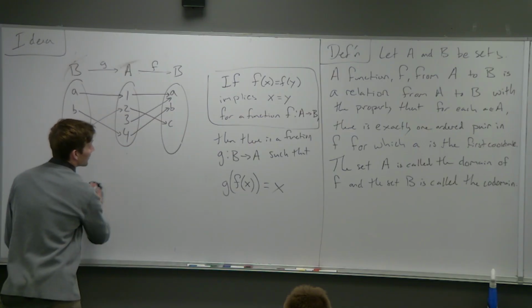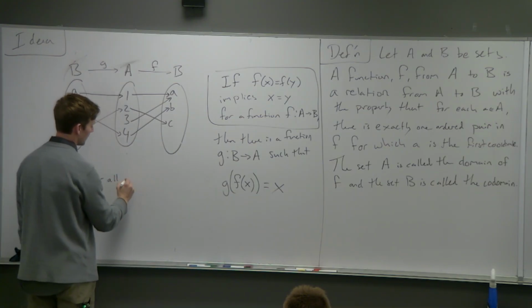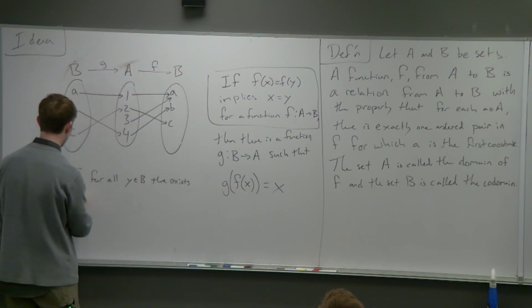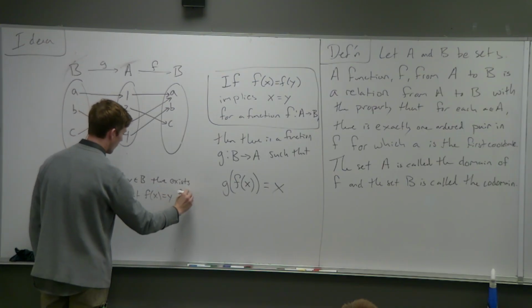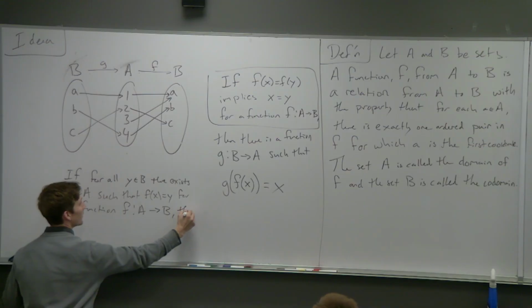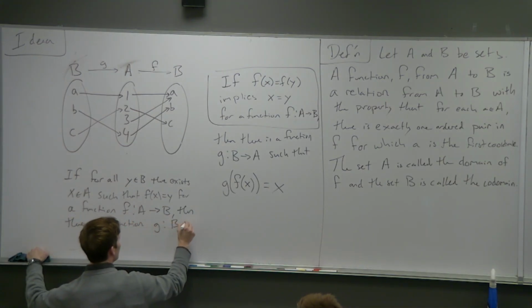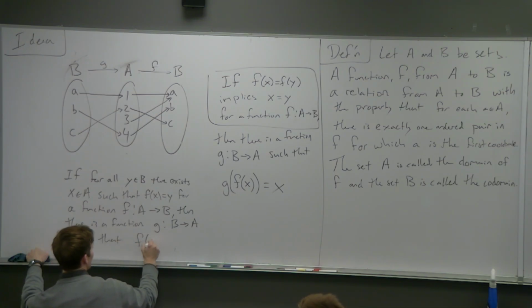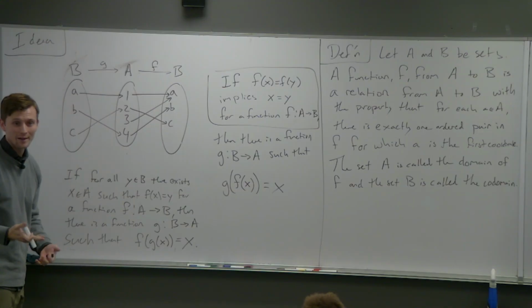That is, the other way around says, if for all y in B, there exists x in A such that f of x equals y for a function f from A to B, then there is a function g from B to A such that f of g of x is x. So right invertibility means you have to hit everything.